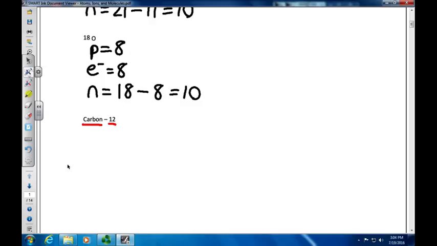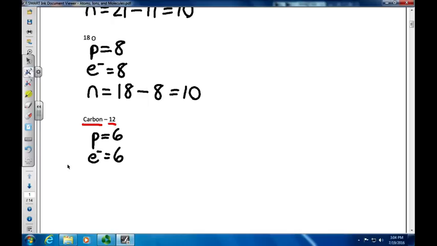So again, we would have to refer to our periodic table of elements. And once you've referred to it, you'll find that the number of protons in a carbon atom is always 6. And because this is not an ion, we also find that the number of electrons will be 6, because electrons are equal to protons when we're talking about non-ions.